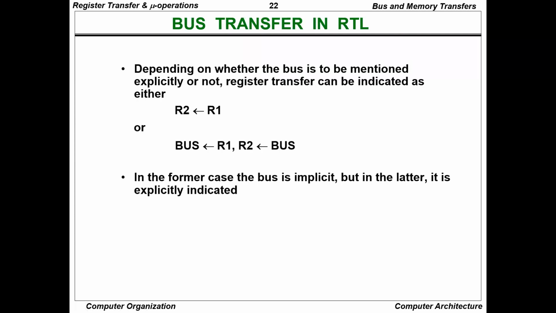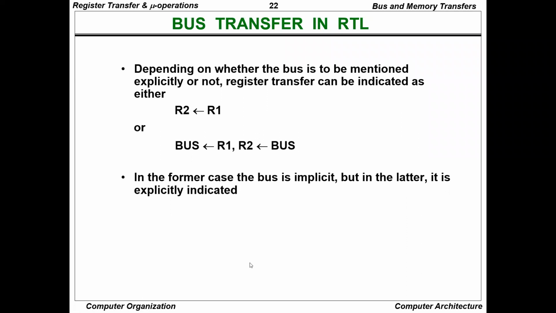The first one is known as bus transfer in RTL. What is the meaning of bus transfer in RTL? When you want to transfer some data from one register to another register, sometimes that data is not directly transferred but is first placed on the bus, and from the bus it goes to the other register.